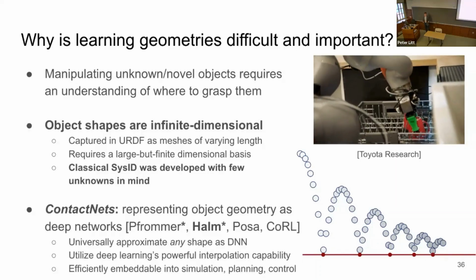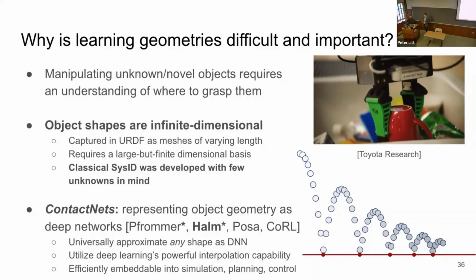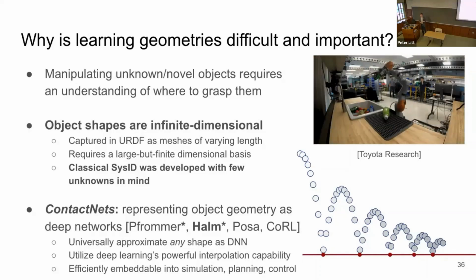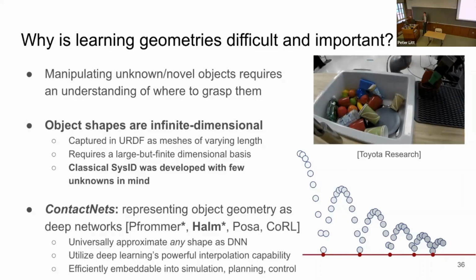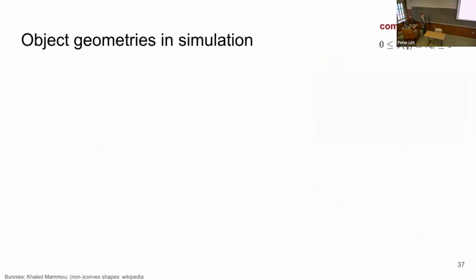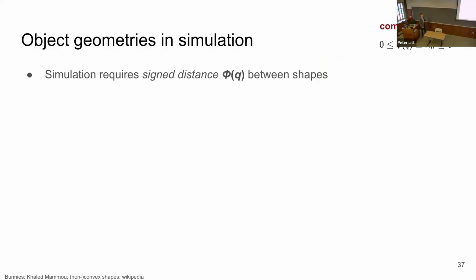And furthermore, we're going to do so in a way that we can re-extract those meshes to insert our learned geometries back into simulation frameworks and planning and control algorithms for robotics. So specifically, to figure out how we parameterize these geometries, we're going to look at how geometries enter into simulation. As we discussed earlier, they are used to describe signed distances between shapes that govern the contact forces between them. And this is fundamentally a function that combines two different geometries and calculates the difference between the shapes defined by those geometries.